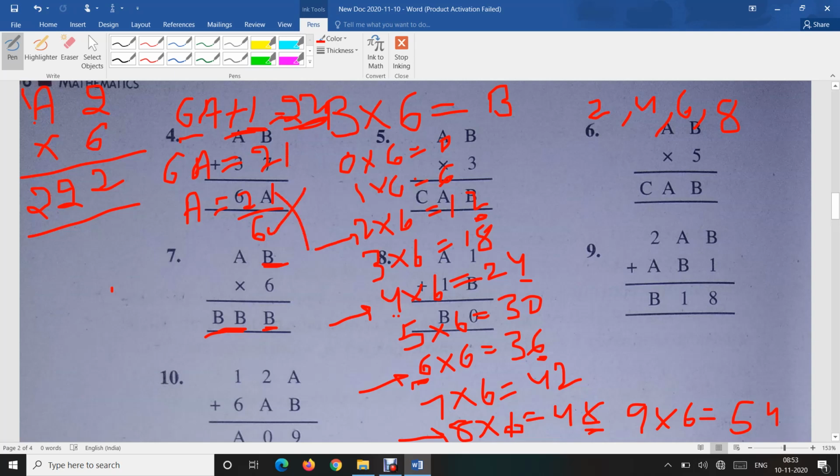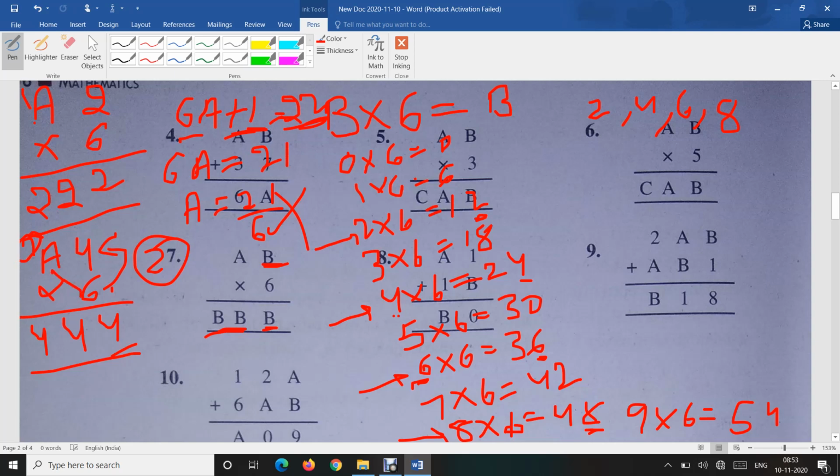Okay, now let us try for 4. If we put A4 multiplied by 6, then in the result we should have 44. Let us try for that. 6 into 4 is 24. Then 2 is carry forward here. 4 is here and 2 is carried forward.